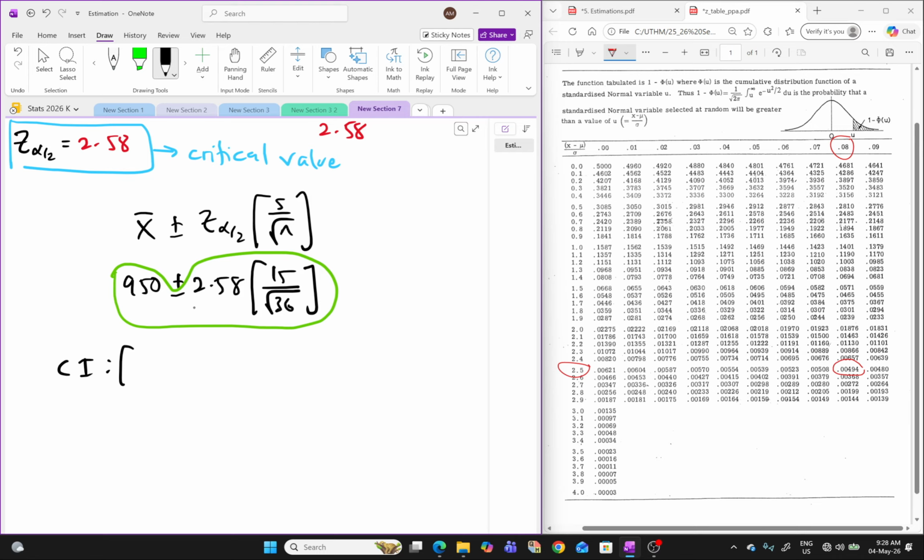If you press this in your calculator, you should get 943.55. Good.